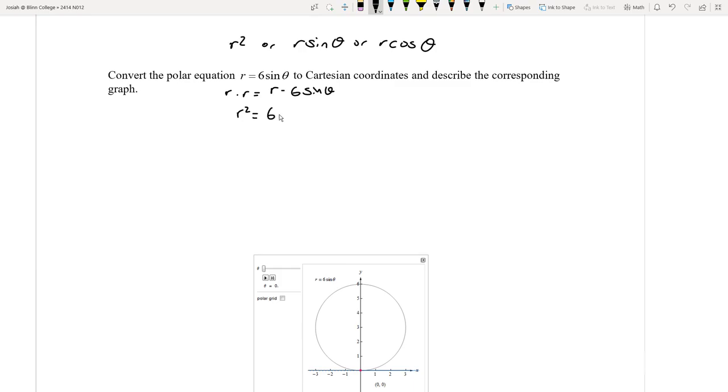That gives us r squared on the left and 6r sine theta on the right. And now we can convert. R squared is x squared plus y squared, and then r sine theta is y. And so we'll move our y term to the other side and complete the square.